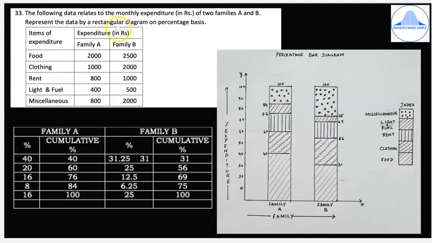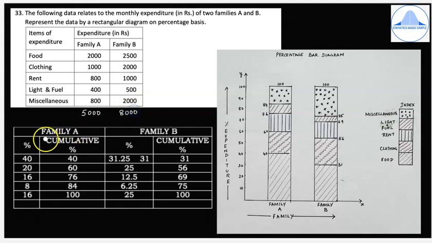Then they've given us the expenditure in rupees for family A and for family B. Okay, so now the first step is you find out the total expenditure for family A. It is 5,000, and for family B it is 8,000.